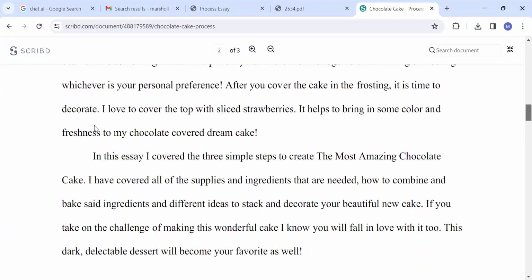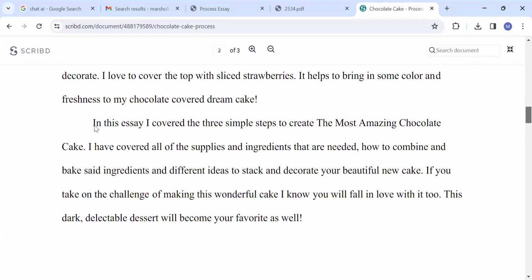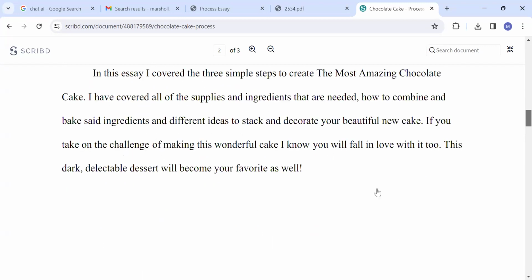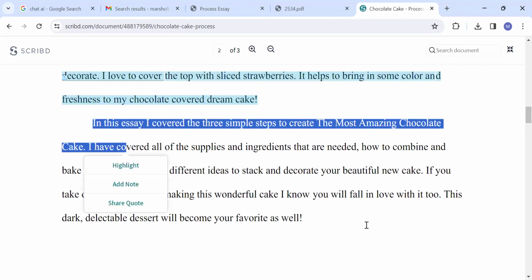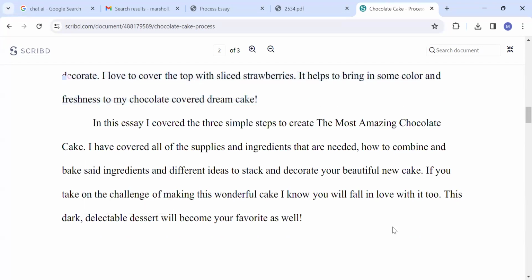Our concluding paragraph begins with our statement, then followed up with a brief summary, and lastly, our contemplative or thought-provoking sentence, which leaves the readers excited to go ahead and ponder what they have just learned. And this is a structure for writing a method and process essay, whether for an abstract or a concrete topic.